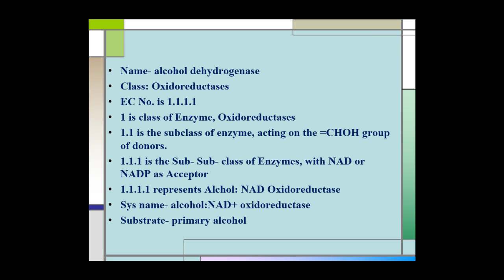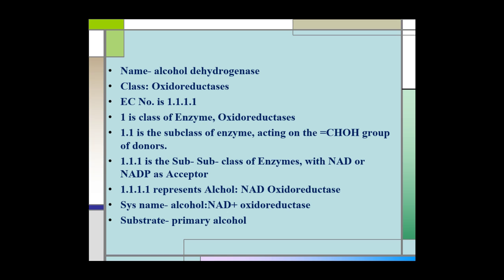For example, alcohol dehydrogenase belongs to the class oxidoreductases. The Enzyme Commission number is 1.1.1.1. The first one represents the class of enzyme, and it is oxidoreductase. The second one is the subclass of enzyme, and here it is acting on the CHOH group of donors.